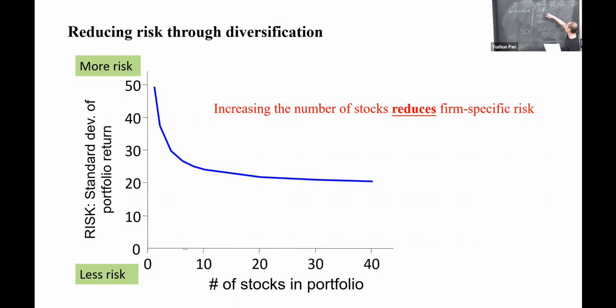For credit risk, a company with a high probability of default means higher risk, and also higher return.